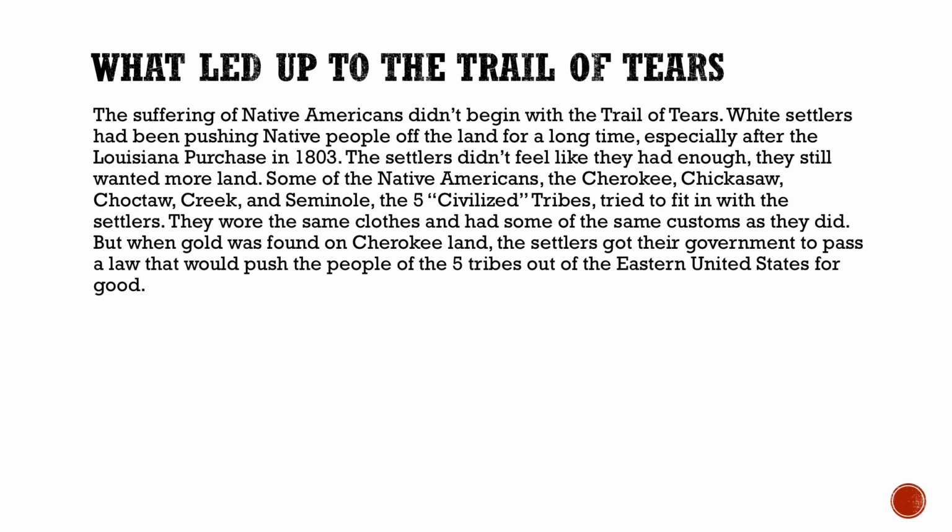So I definitely mentioned a lot of information from my notes. Louisiana Purchase, I talked about the five civilized tribes, and I named them. I also included some very important information about the reasons, right? Why they were eventually pushed off their land. This idea about the gold that was mentioned in both the video and the article, that the kind of final straw was the gold that the settlers wanted.